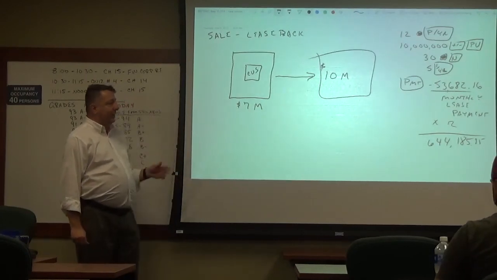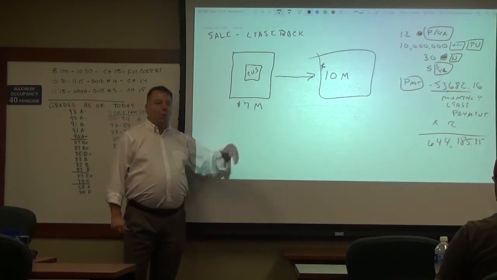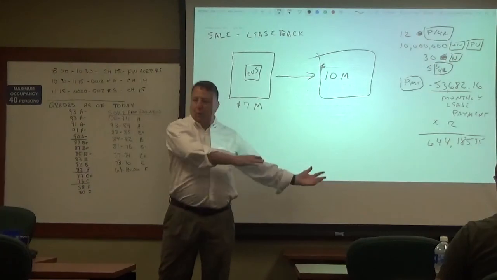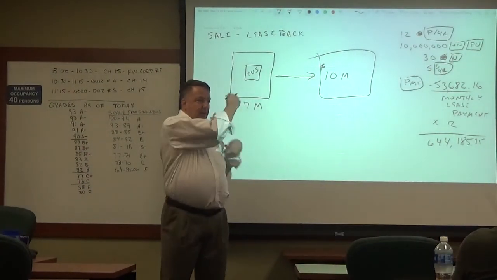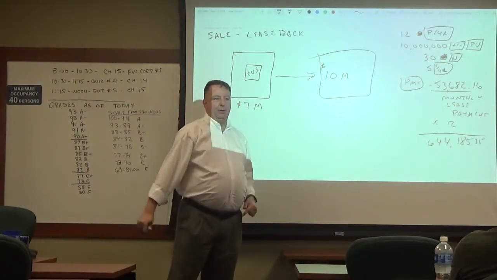Or they could just simply say, we can afford the lease payment from day one. We're going to take that $3 million and plow it into our next property, in terms of developing our next property, to replicate this model over and over and over again. Does that make sense?